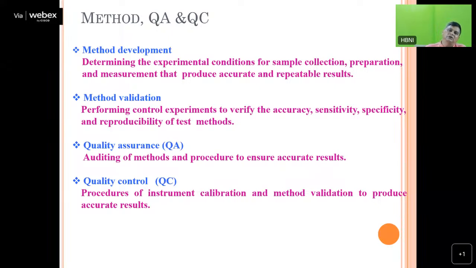Basically, quality assurance is the responsibility of the administrator of that particular laboratory, whereas quality control is mainly maintained by the analyst himself. It is the responsibility of the administrator to see whether proper quality assurance has been taken, and quality control is mostly taken care of by the analyst, though it is definitely monitored by the administrator also.